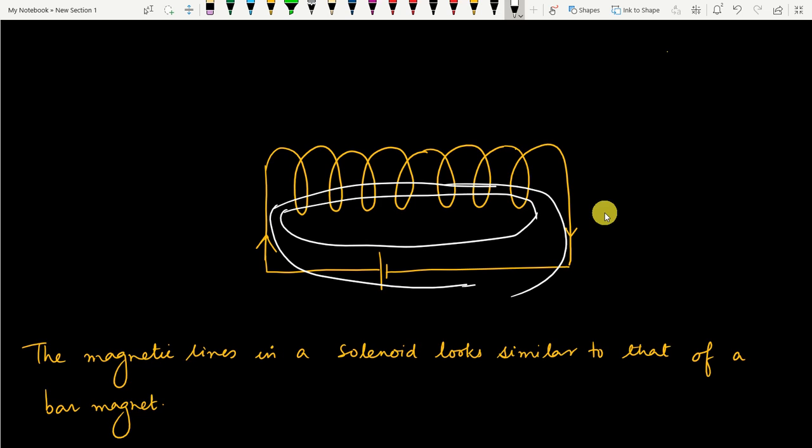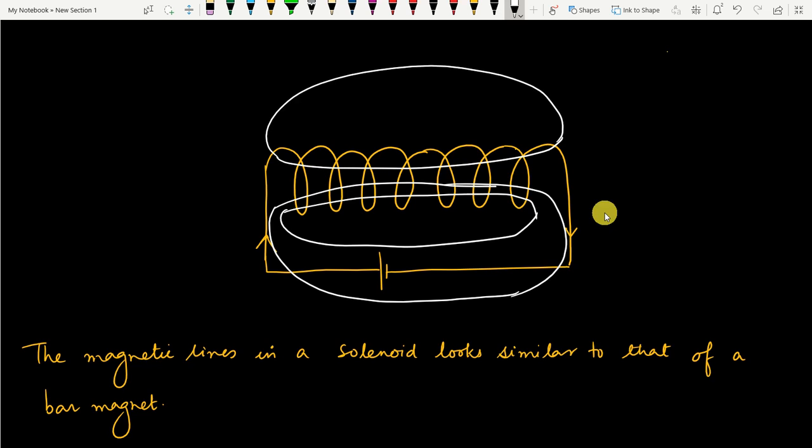These are the magnetic lines, exactly looking like a bar magnet.